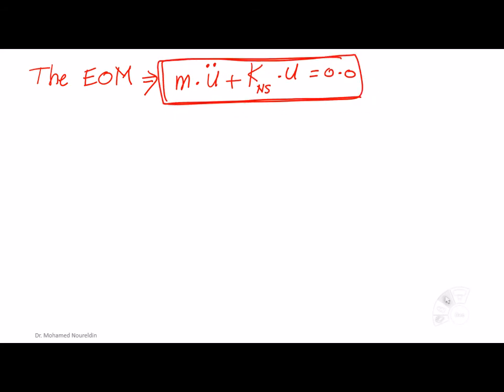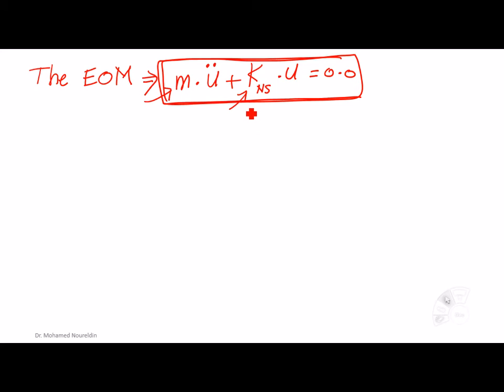But again, we know m and we know k, so everything is going to be okay for us now. We can put the equation knowing m and k for the north-south direction.